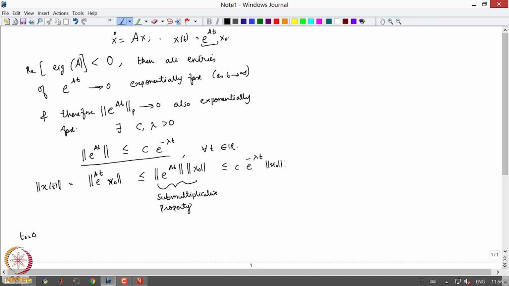So, what does this mean? Now check what happens to x of t as t goes to infinity. First thing I can say is that this converges to 0, again assuming that all the eigenvalues of A have strictly negative real parts, which means e power At converges exponentially fast.